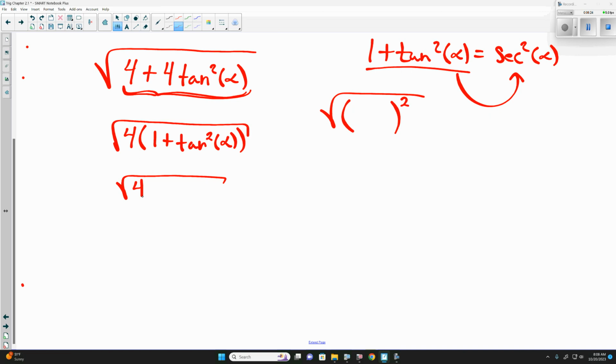And as we just said, 1 plus tangent squared of alpha is the same as secant squared of alpha. So I can replace it with that.